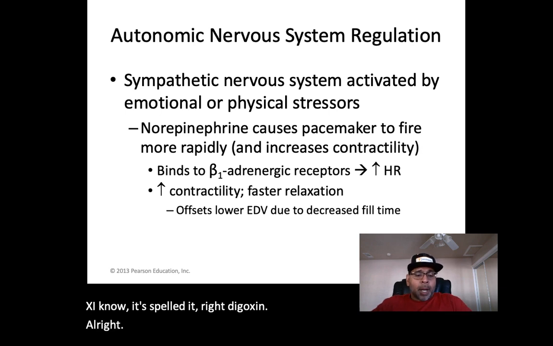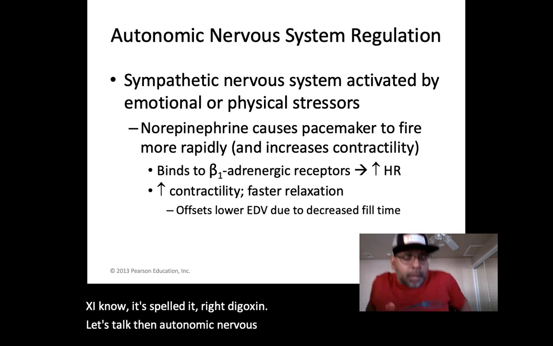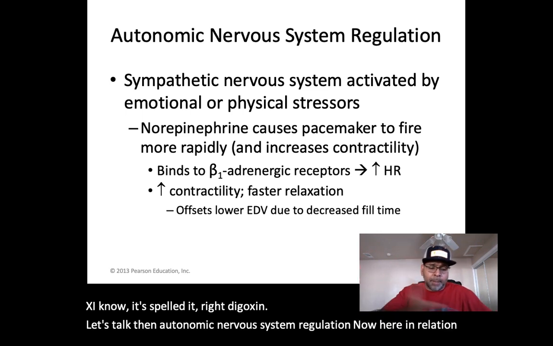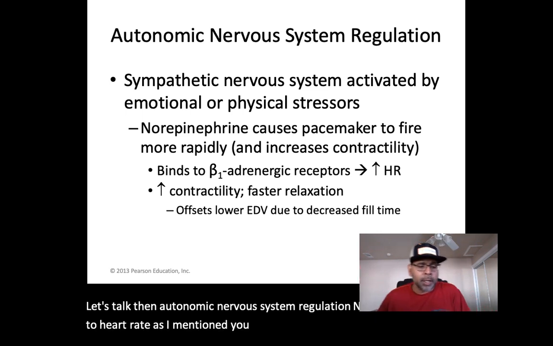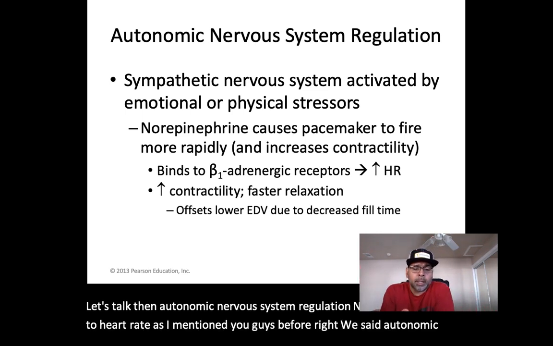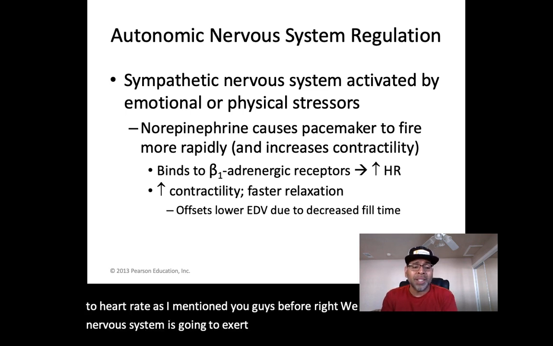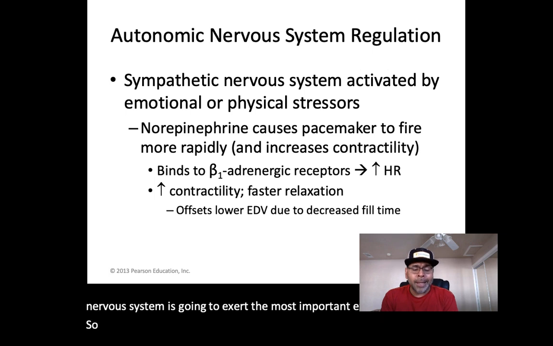Let's talk then autonomic nervous system regulation. Now, in relation to heart rate, as I mentioned to you before, we said the autonomic nervous system is going to exert the most important extrinsic control. So again, our ANS exerts the most important extrinsic control affecting heart rate.